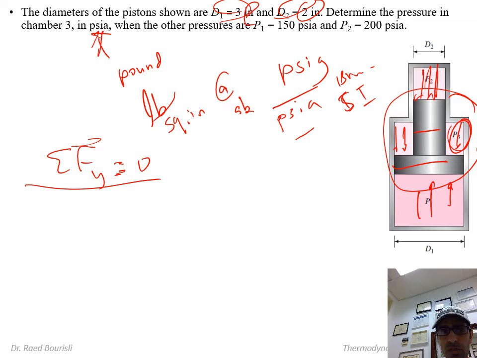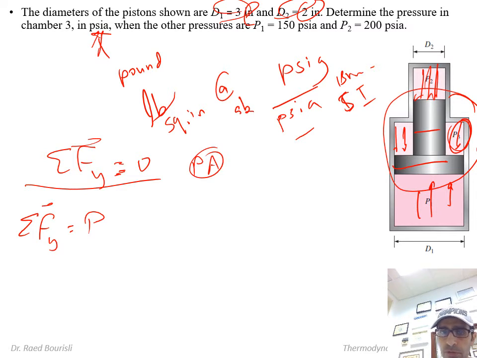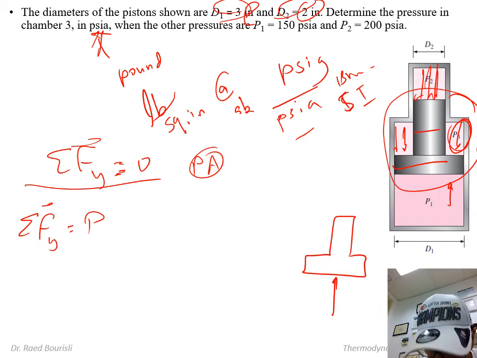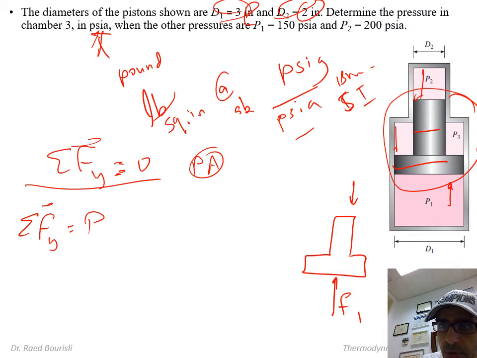So what is the summation of forces in the y direction? Force is nothing but P times the area. So you have F1 and you have F2.